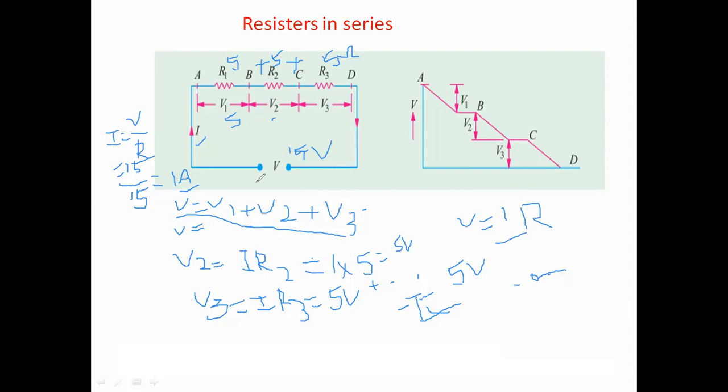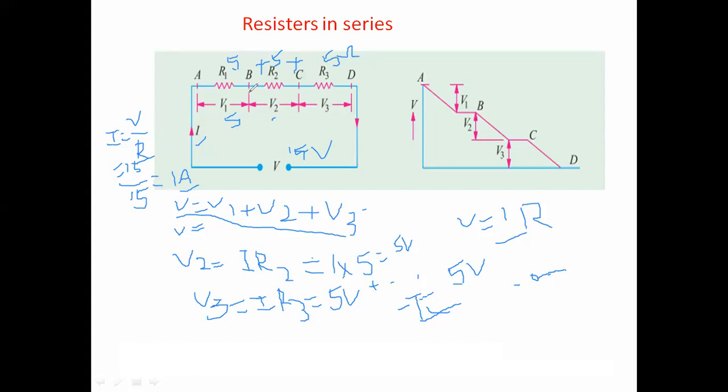So like this we can find the individual voltage drops. Remember that we use the term voltage drop across the resistor. We cannot say it is potential difference, because across these two terminals there is a drop in the voltage.